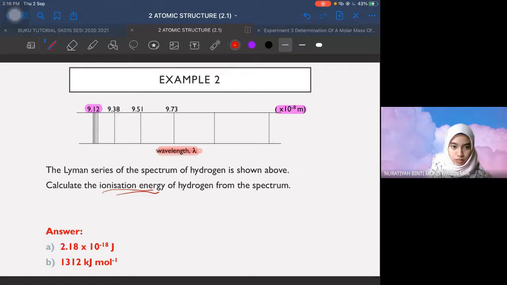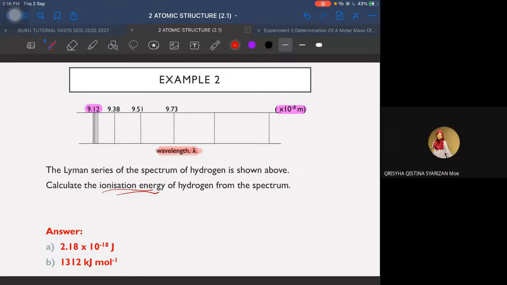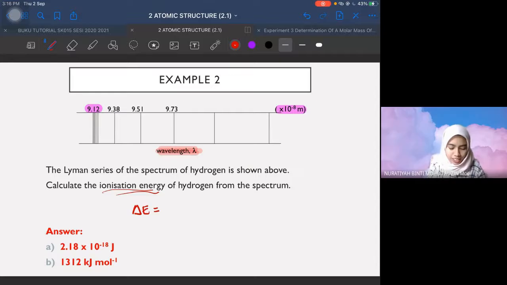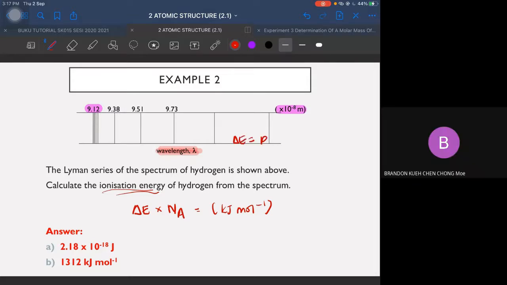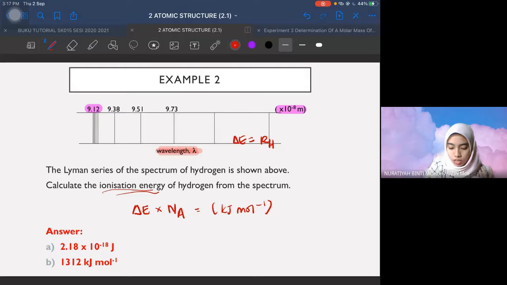Delta E times Avogadro number. Delta E times Avogadro constant. Okay, kita kena ada dalam kilojoule per mole. Okay, jawapan in kilojoule per mole. Okay, for delta E, you will use delta E equals to hc over lambda.